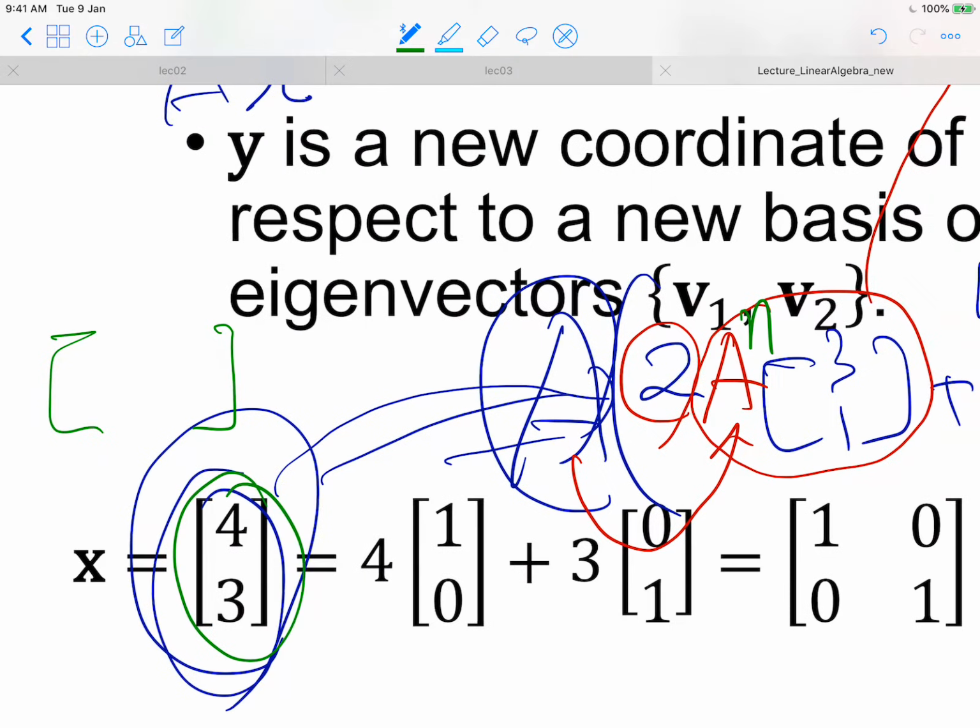In general, if this matrix A is multiplied with an arbitrary vector x, it will change the direction and the magnitude, of course.